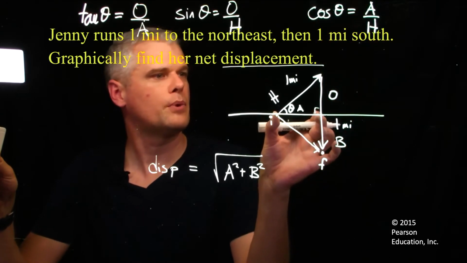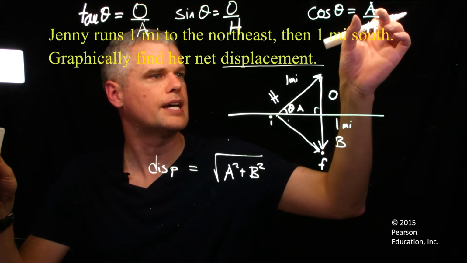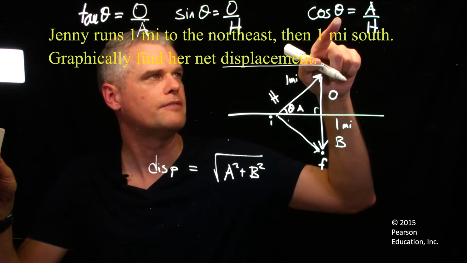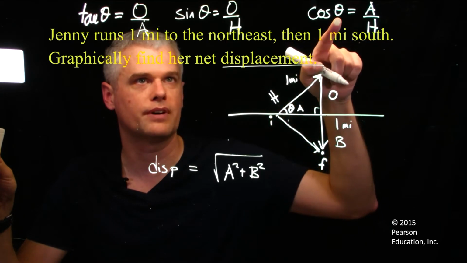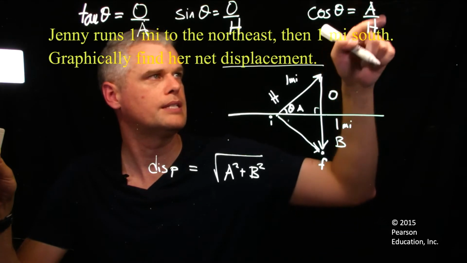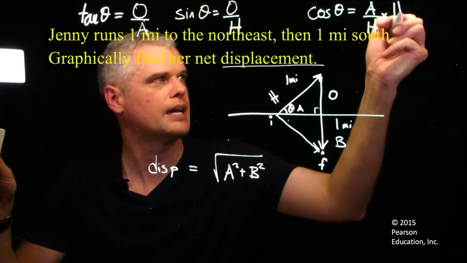So what if I want to know that adjacent side? I know the hypotenuse side is 1 mile. I know the cosine of theta is, well, cosine of 45 degrees. Could I calculate the adjacent side? Well, I need to get it alone, so I'm going to multiply both sides by h.